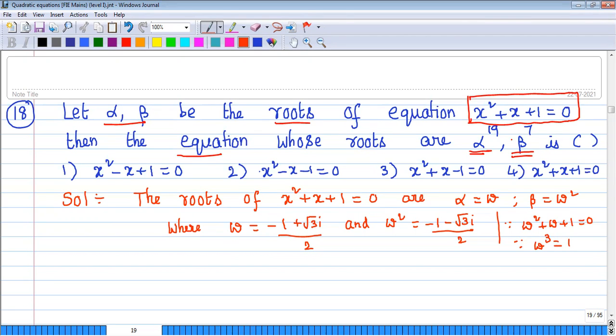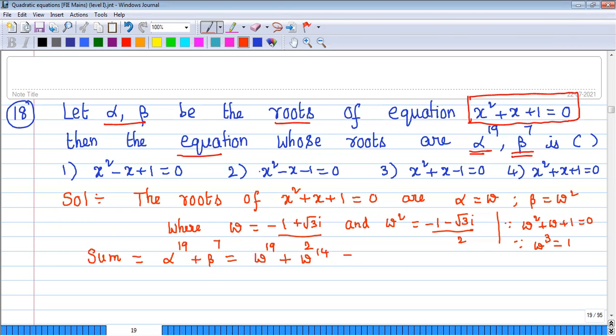So that we need to find out now. First, the sum of the roots of the new equation, that is alpha to the power of 19 plus beta to the power of 7. Let us substitute alpha is equal to omega to the power of 19 plus beta is equal to omega square whole to the power of 7, that is omega to the power of 14.